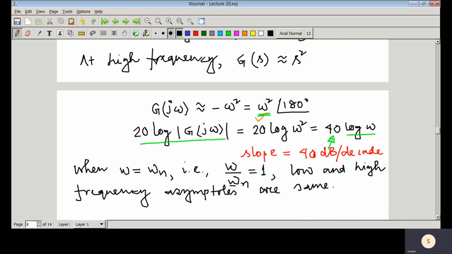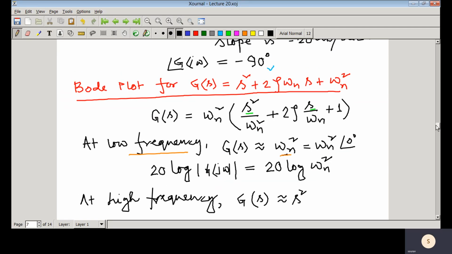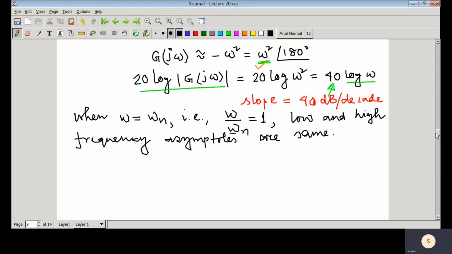So whenever you have one second order factor like this, then the corner frequency, as the low and high frequency asymptotes are same, so omega n is that corner frequency. Omega n is the corner frequency.